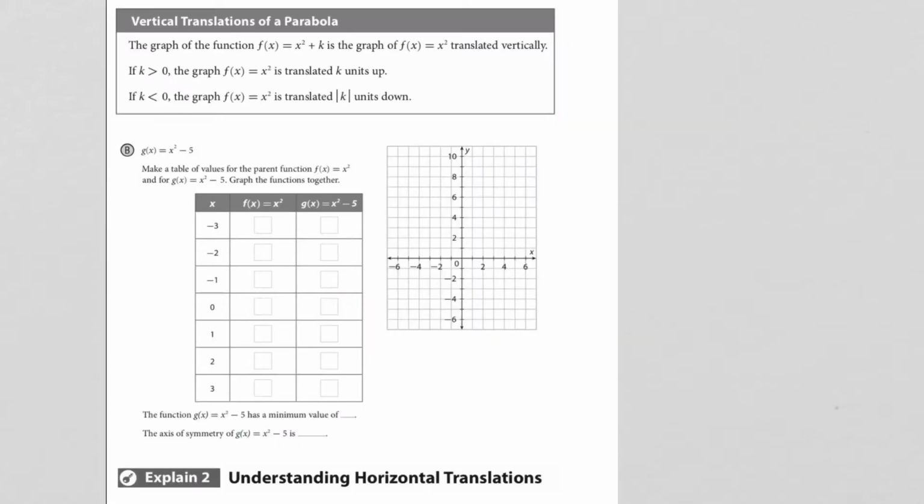So the graph of the function f of x is equal to x squared plus k is the graph of f of x equals x squared translated vertically. If k is bigger than 0, the graph moves up. If k is less than 0, as in negative, the graph moves down. Positive, the graph moves up.